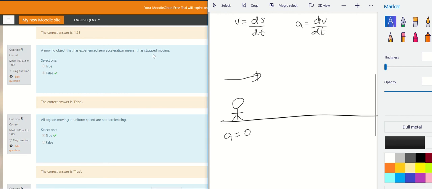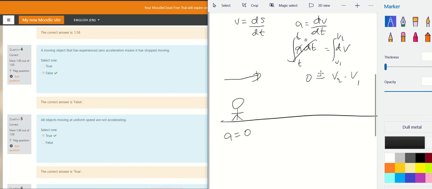Okay, so zero acceleration. So a dt is equal to dv. Integrate both sides. So it says here that if you have zero acceleration, basically 0 is equal to v2 minus v1.